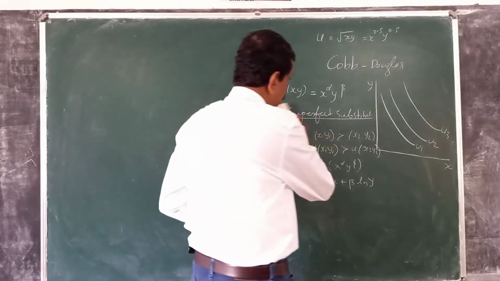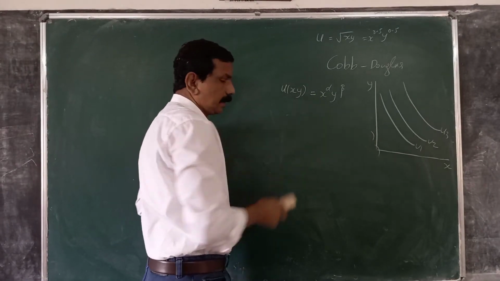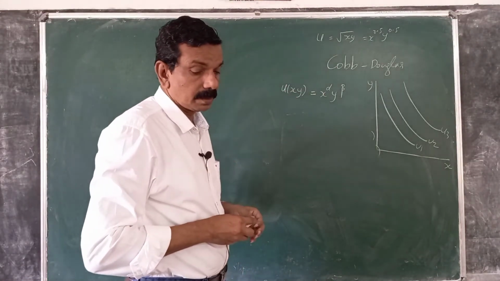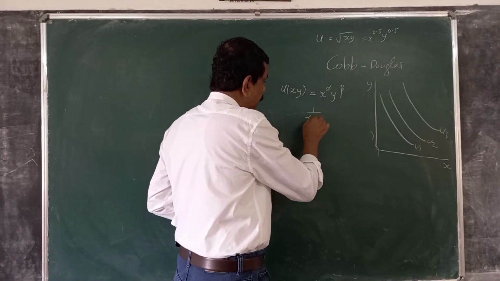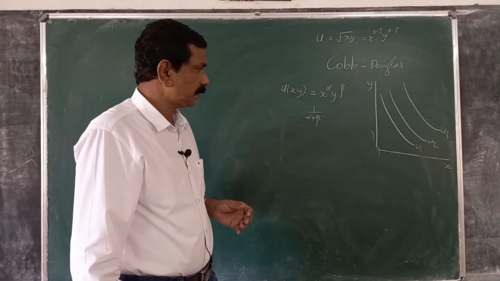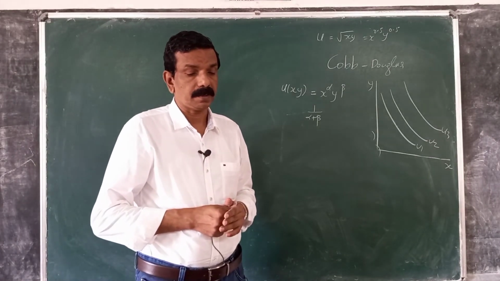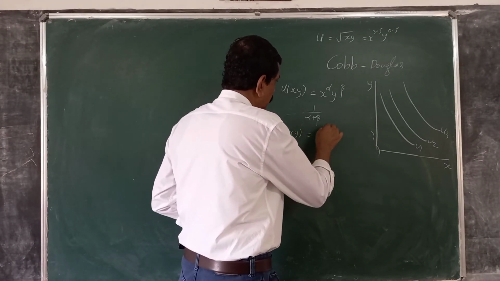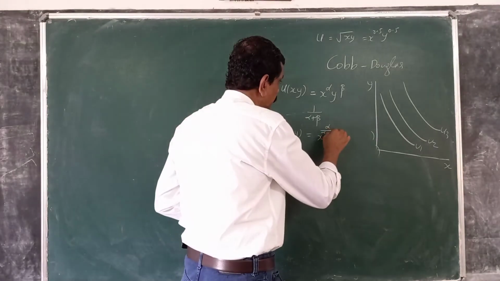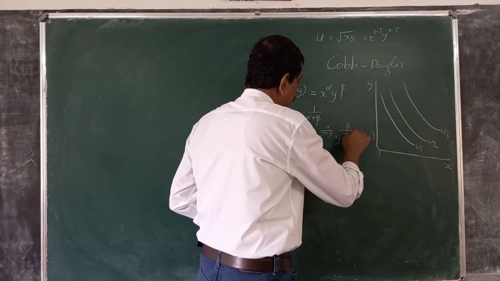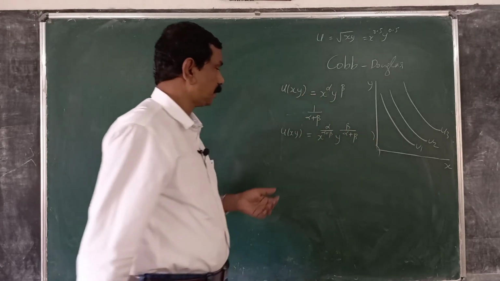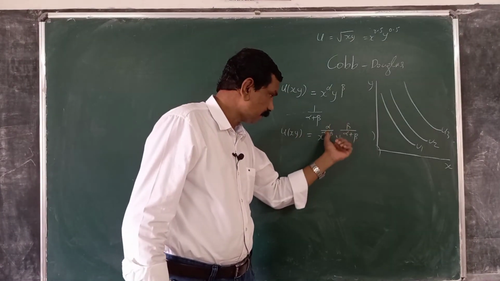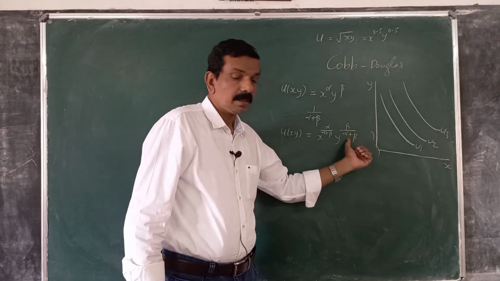Now we consider another case. u(x,y) is equal to x raised to alpha y raised to beta, and suppose that we raise the utility to 1 by alpha plus beta, so that we have u(x,y) equal to x raised to alpha by alpha plus beta, y raised to beta by alpha plus beta.